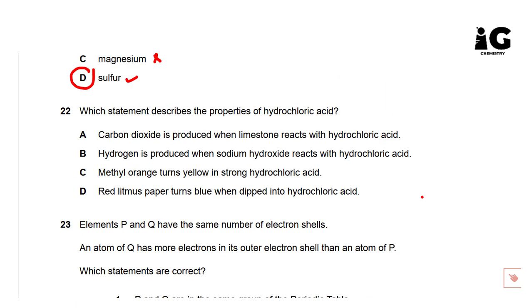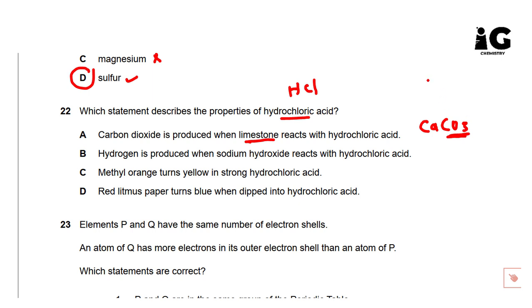Okay. 22. Which statement describes the properties of hydrochloric acid? Hydrochloric acid, this is HCl. So the first one: carbon dioxide is produced when limestone reacts with hydrochloric acid. Guys, limestone is calcium carbonate, CaCO3, which contains the carbonate anion.